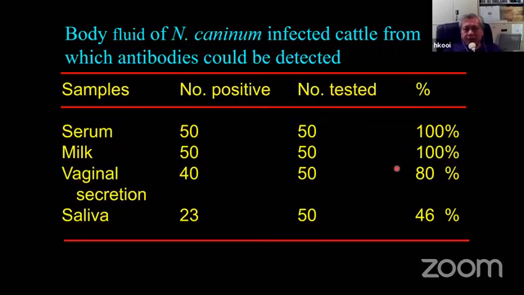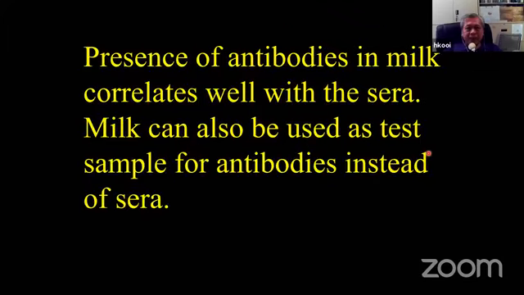From here, we can see that the serum and milk have the same capacity to contain these antibodies. So it is not necessary to take blood from the cattle. You just need to take the milk from the cattle, and then you can test for antibodies. The presence of antibodies in milk correlates well with the serum.